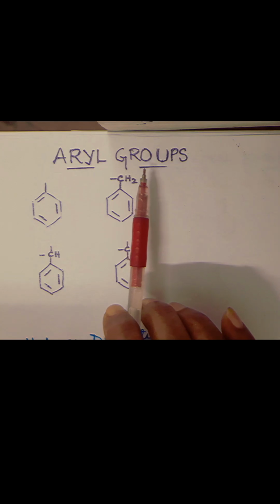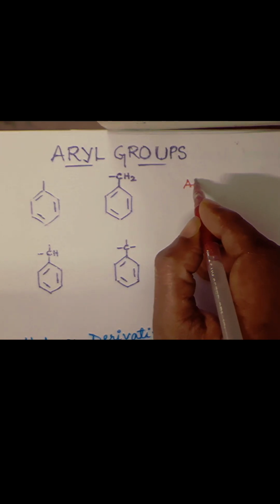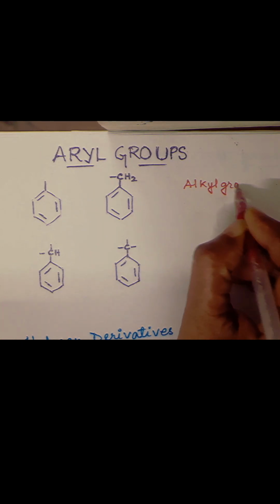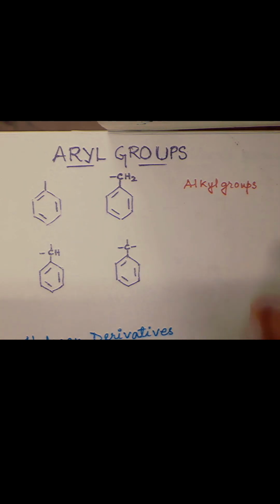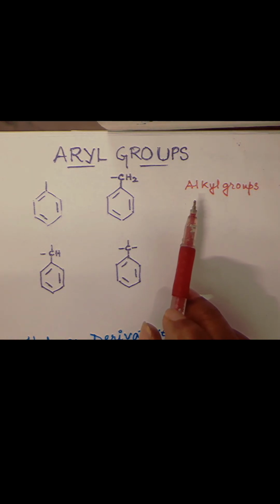Do you remember, in aliphatic compounds we named alkyl groups, which I explained are groups that contain one hydrogen less than an alkane.